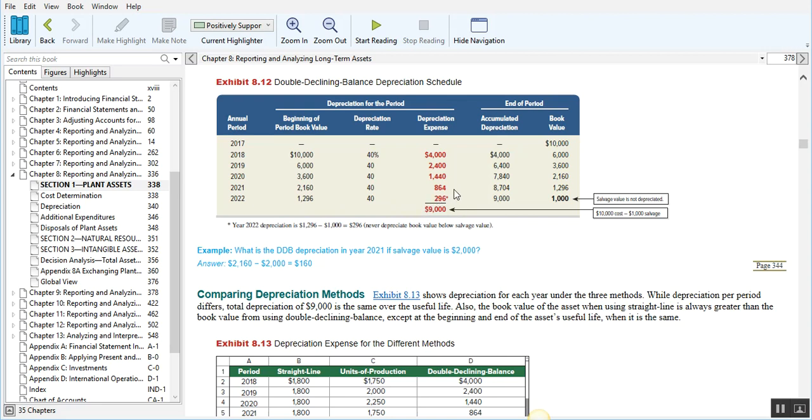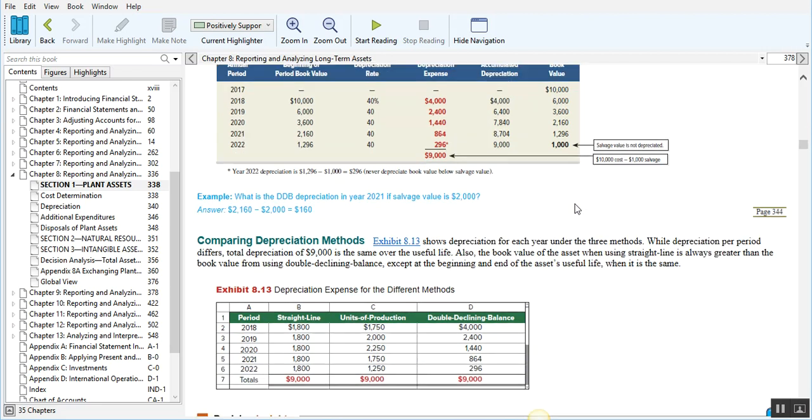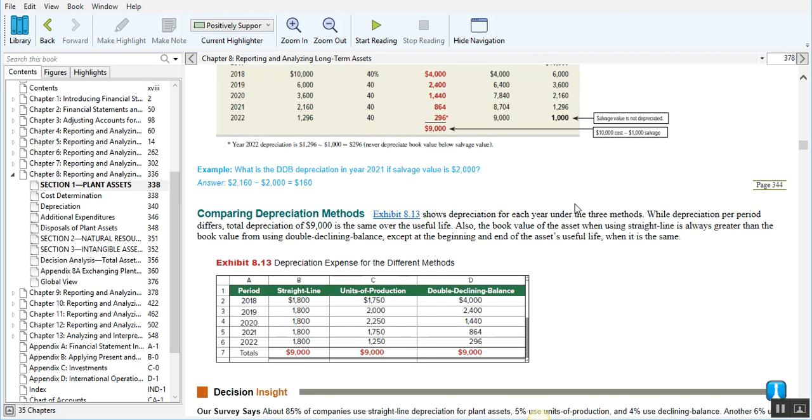The reason this is only 296 is that we are going to make sure that this depreciation in this year brings us down to the salvage value. So in the last year of the asset, we're going to calculate what we need here to get this number to be here. So in this case, 1,296 minus 296 will give us $1,000, which is the salvage value, the residual value of that asset.